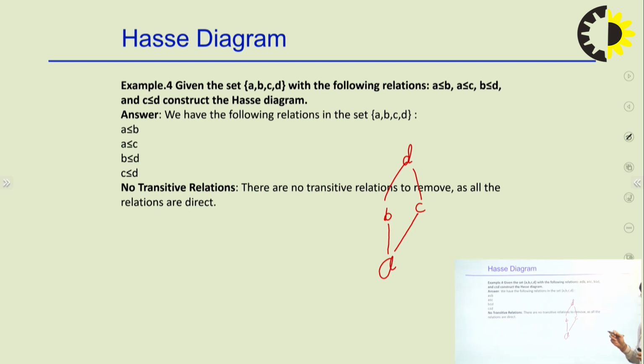I think this is the right answer for the given question, because A less than B means A's position is placed before B. Then we prepare A to C, then B to D and C to D. This is the Hasse diagram.